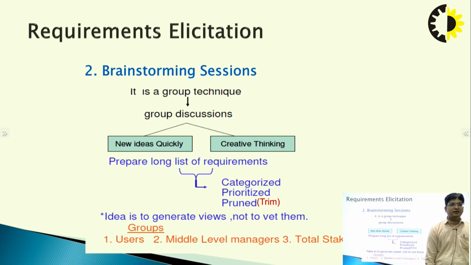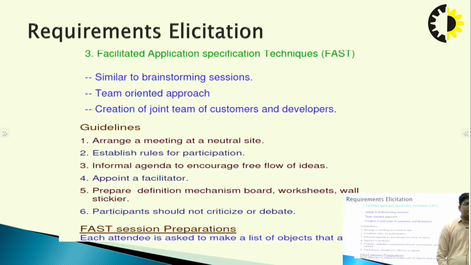Basically, the idea is to generate views, not to oppose each other, as we usually think. The idea is to have new ideas from the intended stakeholders. Groups may be formed on the basis of users, middle level managers, or the total stakeholders.